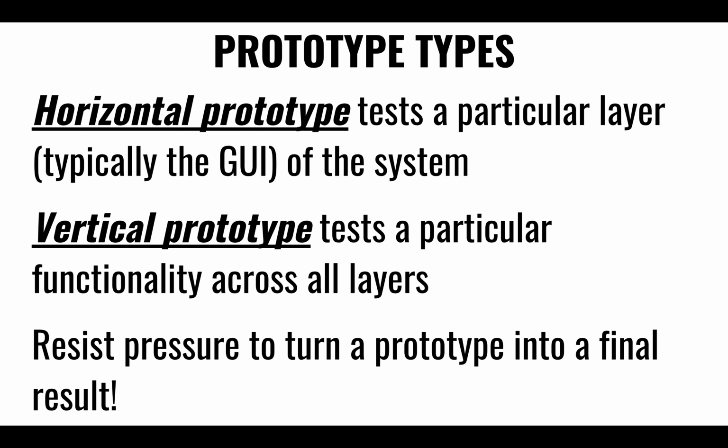So let's prototype it with something that's very cheap, perhaps enough to give us confidence that we're going to be successful. There are two types of prototyping, the horizontal prototype and vertical prototypes.